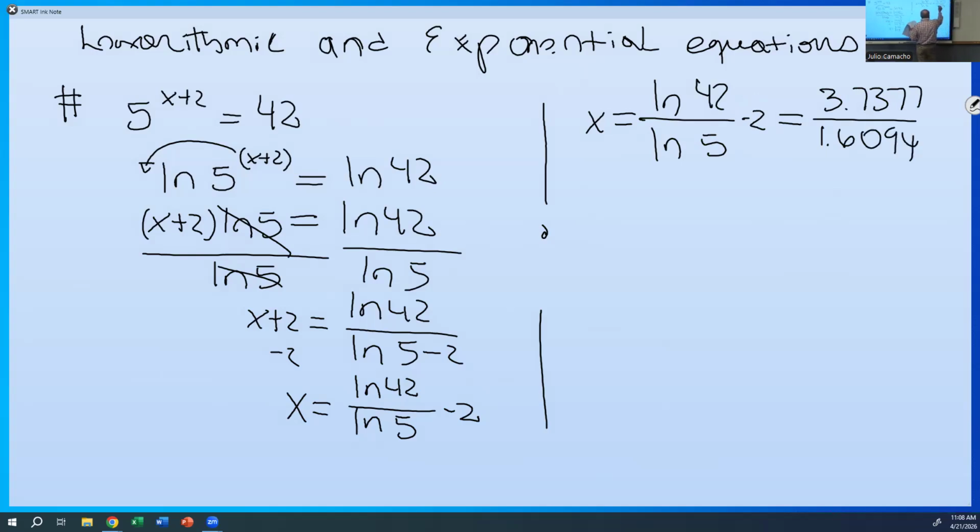If I divide 3.7377 by 1.6094, x will be equal to 2.322. That's 2.322 minus the 2, and when I do that, it's 0.322. And that will be the final answer.